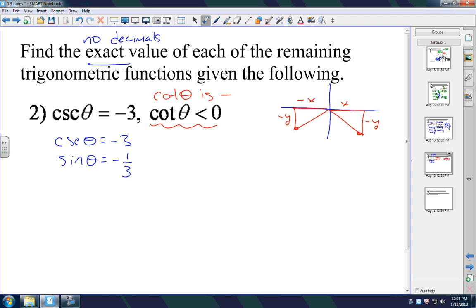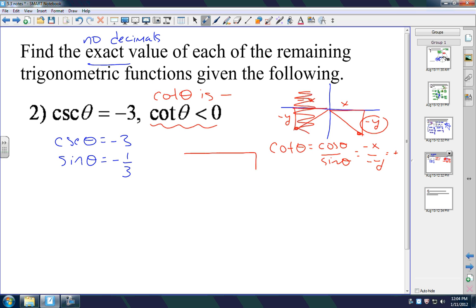If you put these guys over each other, because we know a cotangent is a cosine over a sine, cosine is our x's, so negative x, negative y, that guy comes out positive. So it can't be in quadrant 3. So cotangent's negative, quadrant 4 because of that guy. The double negative will make them positive. So I know exactly where I am now.